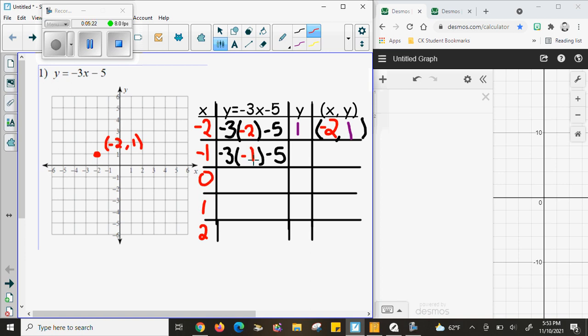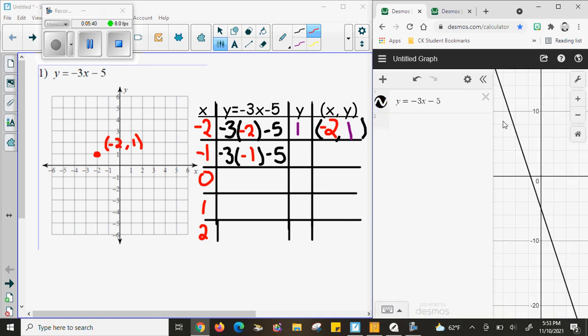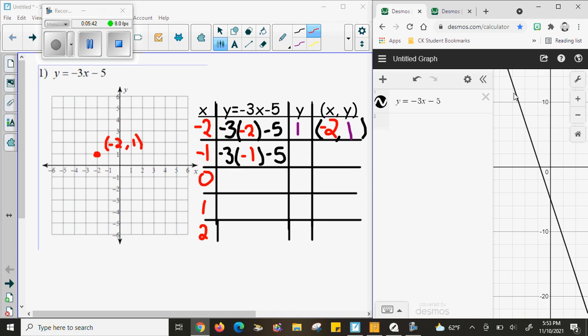Instead of having to go to the calculator and calculate this each time separately, I'm going to use Desmos graphing. I'm going to type in our linear equation. I see on the graph that this is what my line is going to look like. I may have forgotten to mention linear, again, means line. So all of these are going to be lines on the graph.